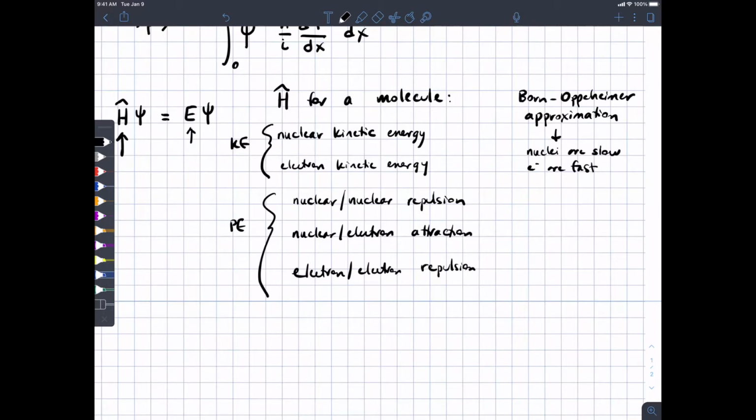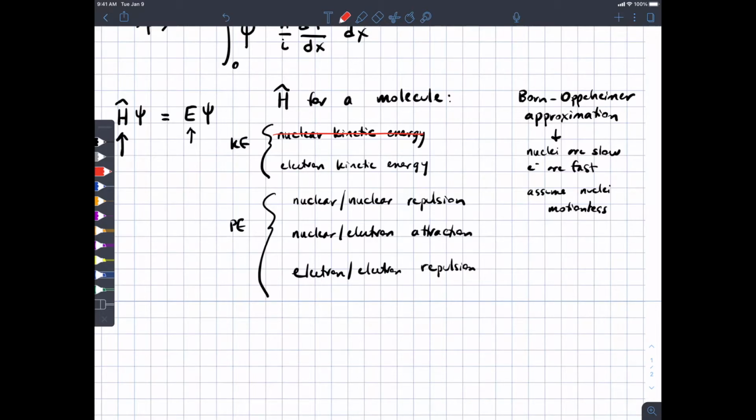So since when we're dealing with a molecule and reactivity, we care most about the electrons, we can actually assume that the nuclei are motionless. We can treat them as though they are motionless. It's not actually true, but on the time scale that's significant for electrons, it might as well be true. So that means that we can eliminate the nuclear kinetic energy term, because we're going to pretend like nuclei are motionless, and if your velocity is 0, then your kinetic energy is 0.